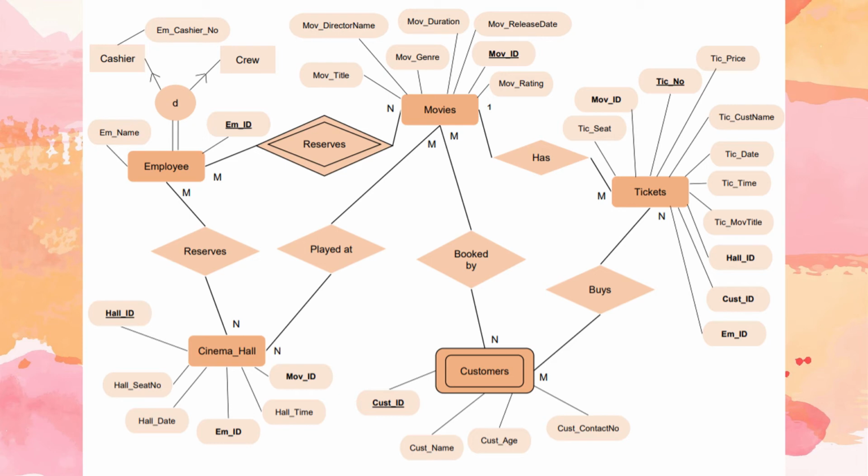In the tickets entity, it has ticket number as the primary key. And for the foreign keys, they have hall ID, customer ID, employee ID, and movie ID. The ticket entity is also connected to the movies entity by cardinality one to many.